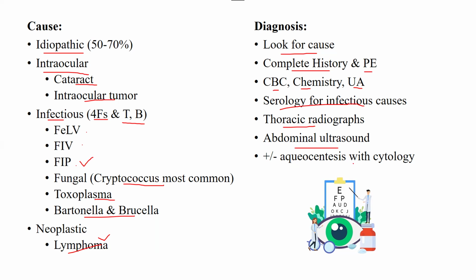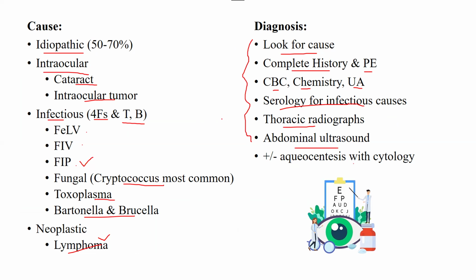But aqueocentesis is done last, because you have to take a sample from the eye, and it's a kind of invasive technique, so we perform it last, because we try to rule out things with the other tests.